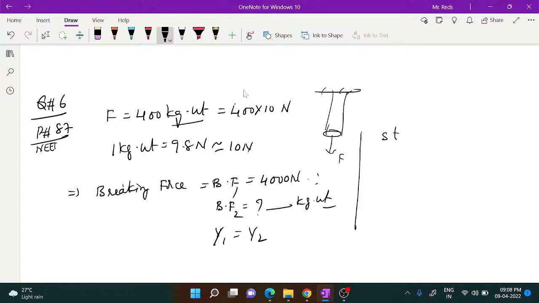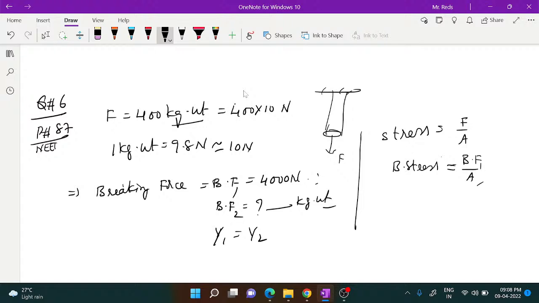Since breaking force is there, you have to use the word breaking stress. Stress is equal to force by area, so breaking stress is breaking force by area. Breaking force is given, and if the wire has some thickness, meaning some particular area, then it will have some breaking stress.